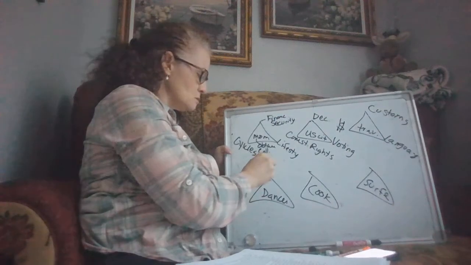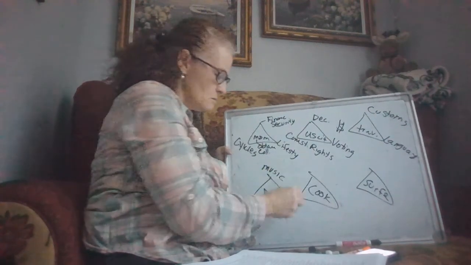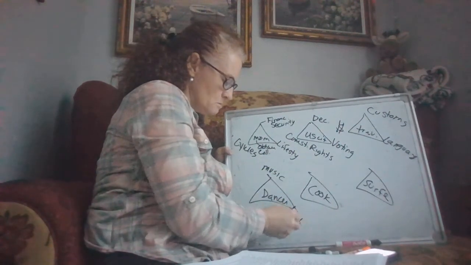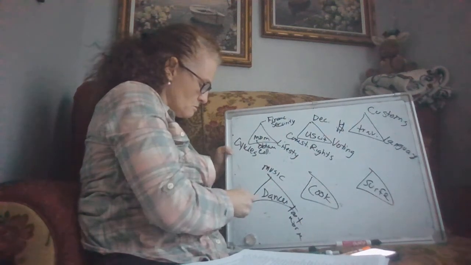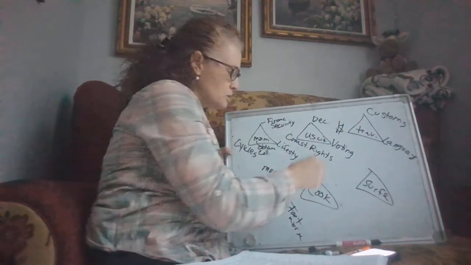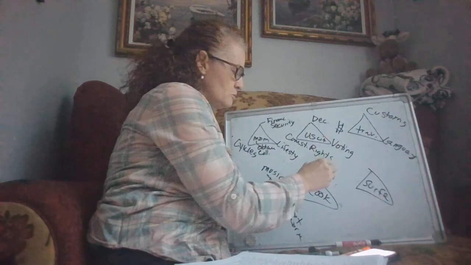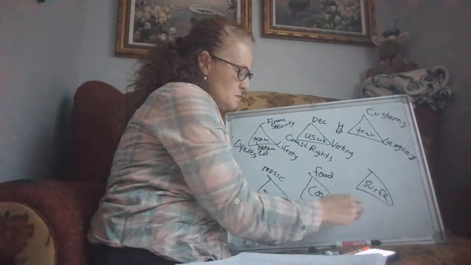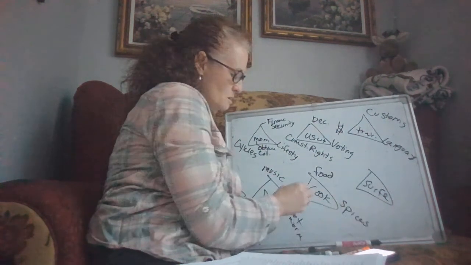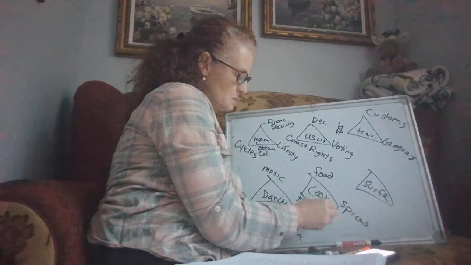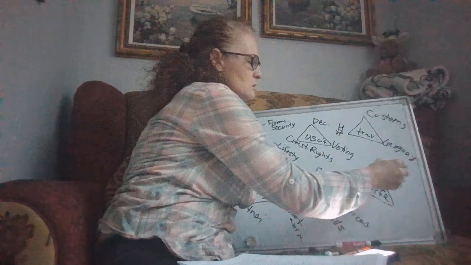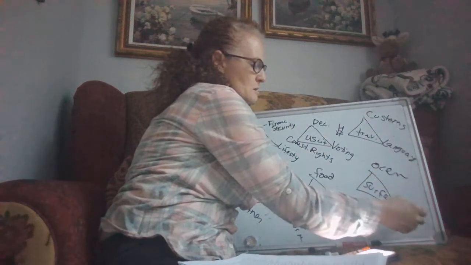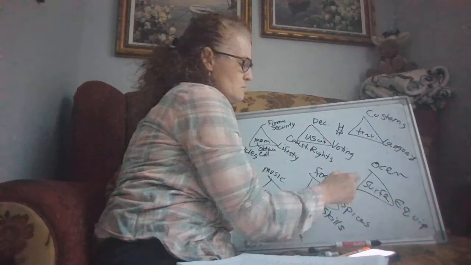A dancer needs to know the music, the footwork, and their partner. A cook has an intense knowledge of food, spices, and prep skills. And a surfer, as we said, needs to know the ocean, their equipment, and beach etiquette.